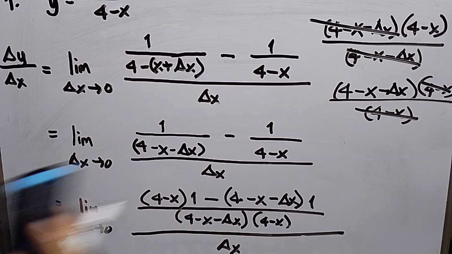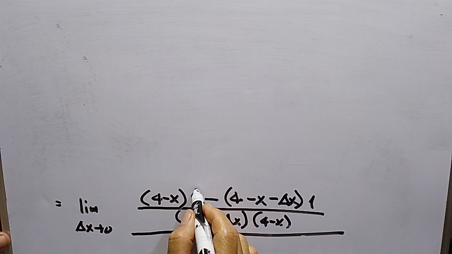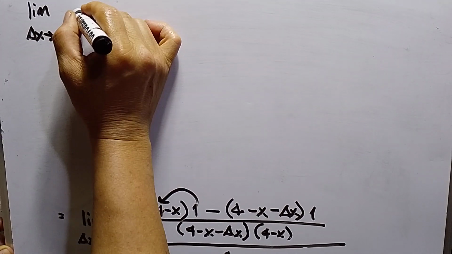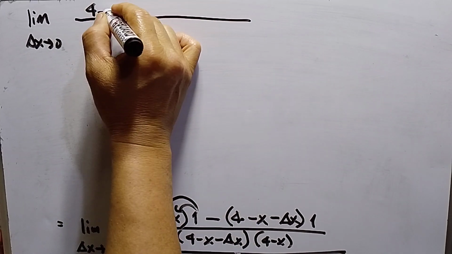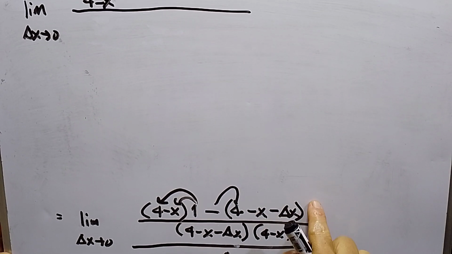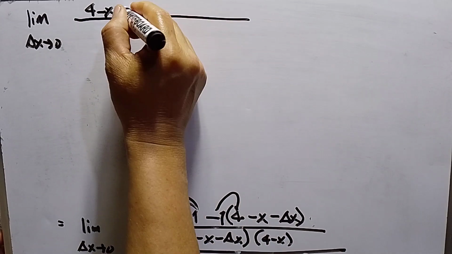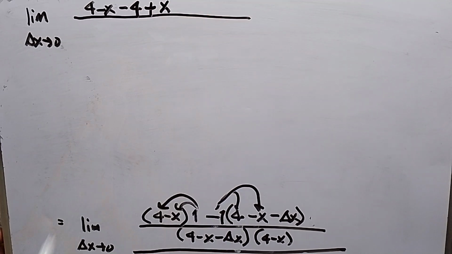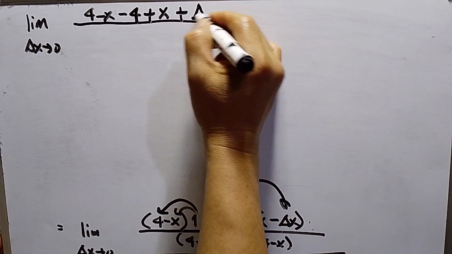And then I need to simplify the numerator. So this will be 4 minus x, and then distributing the negative, negative 1 times 4 is negative 4, negative times negative is positive x, and negative times negative is positive delta x.